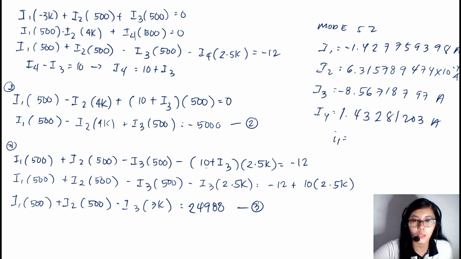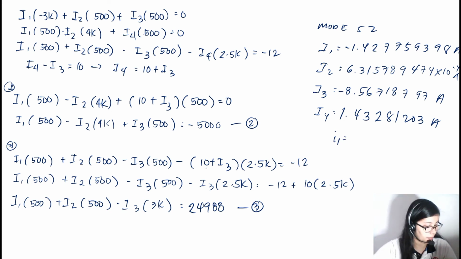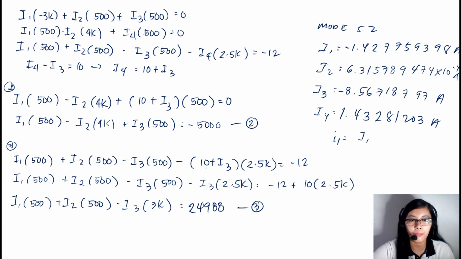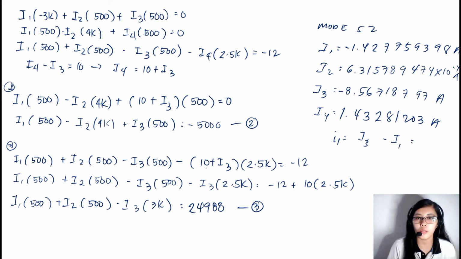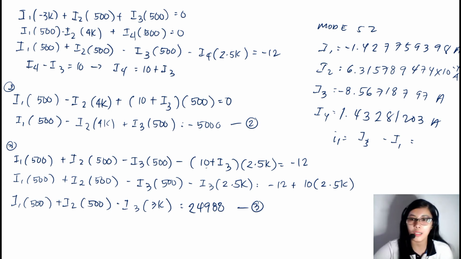But we're looking for the values of I1 and I2. Our I1 is equal to I3 minus I1, sorry. So if we compute, negative 8.56718797 plus 1.42, our answer would be negative 7.139 ampere.